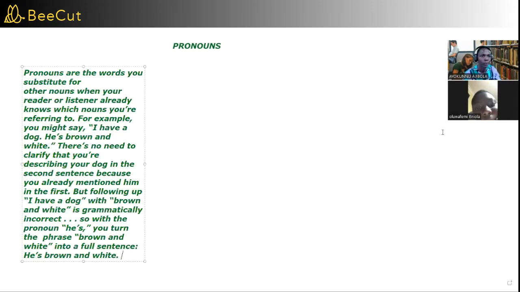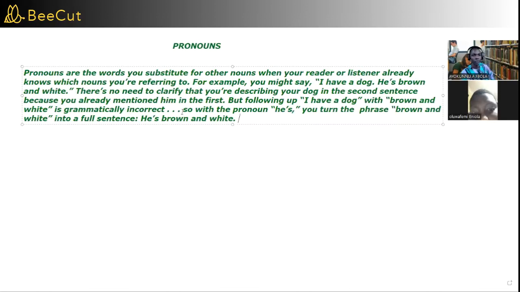Pronouns are words you substitute for other nouns when your reader or listener already knows which noun you are referring to. For example, you might say, I have a dog. It's brown and white. There is no need to clarify that you're describing your dog in the second sentence because you already mentioned the dog in the first sentence.